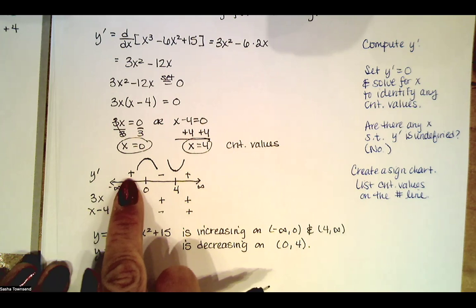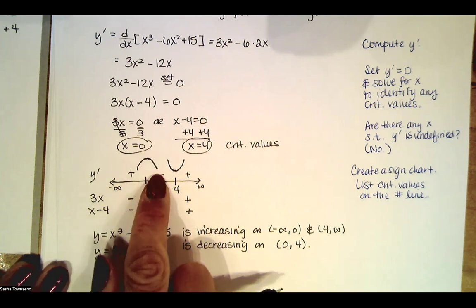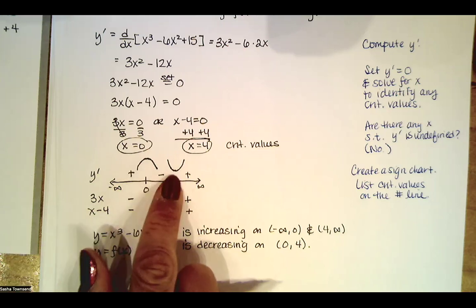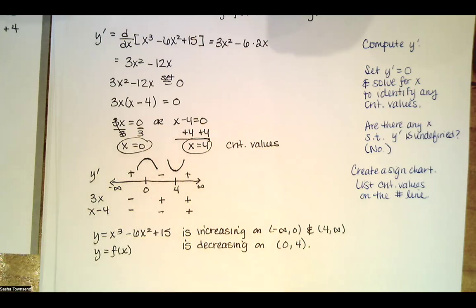And because it's going from increasing to 0 slope to decreasing and decreasing to 0 slope to increasing, we have a relative max there and a relative min there. That's called the first derivative test.